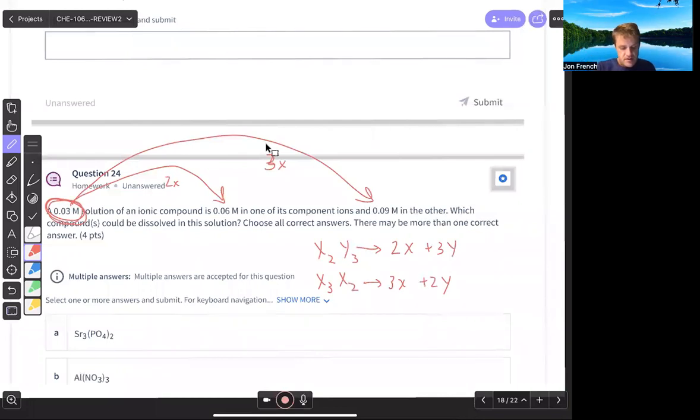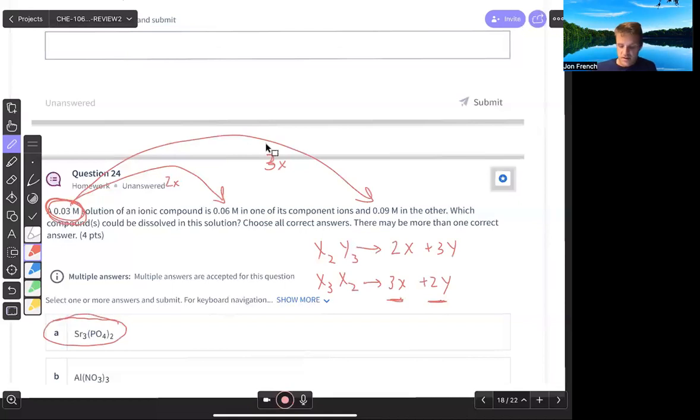So this first one, right, the strontium phosphate actually fits that. Yeah, Dara asked for the ionic compound one. So strontium phosphate fits that formula, the 3X 2Y. So yeah, strontium is going to be 0.09 molar.